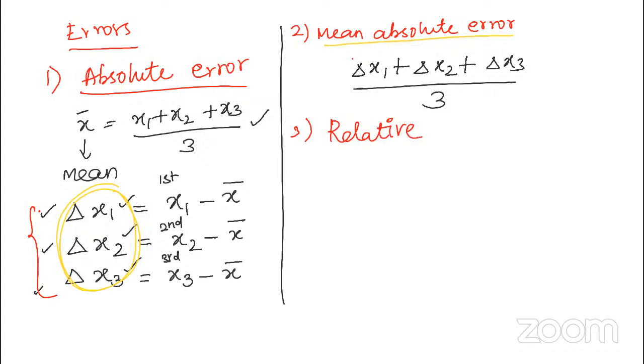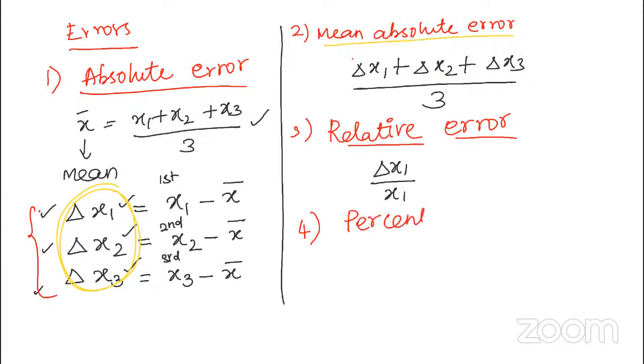Next, third, that is the relative error. This value is simply calculated by delta x1 divided by x1. That's all. And for the fourth, percentage error.